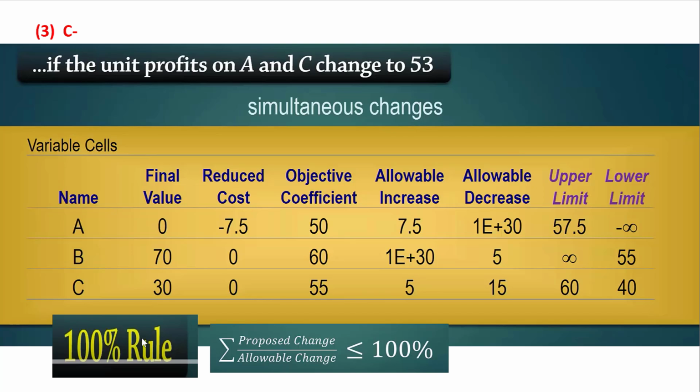This rule simply says: if the proposed change divided by allowable change is less than or equal to 100%, it's okay, and the change will not change the optimal solution. But if the proposed change divided by allowable change is greater than 100%, the optimal solution will change. How?